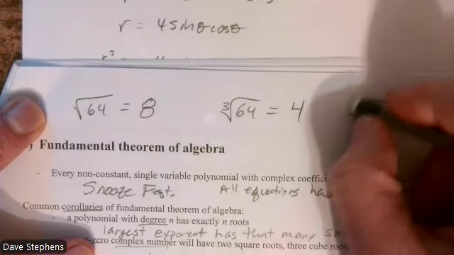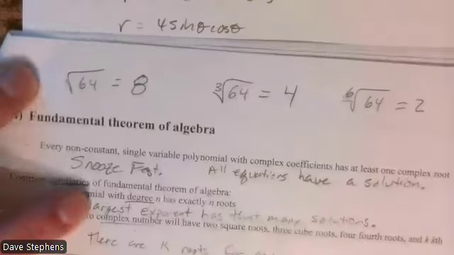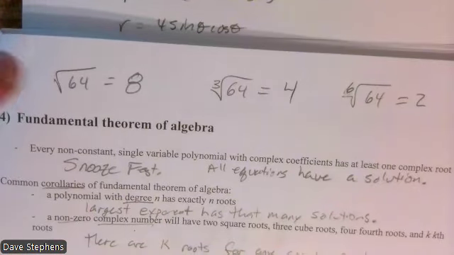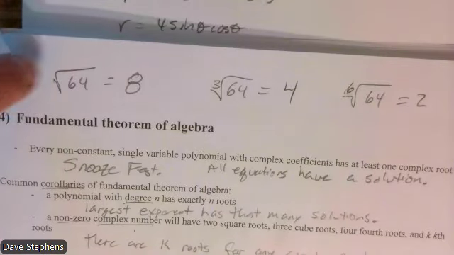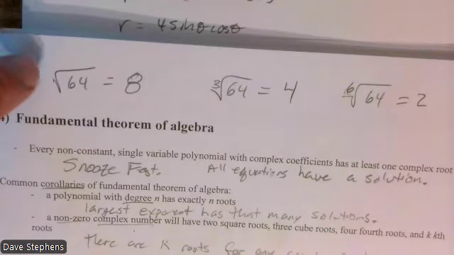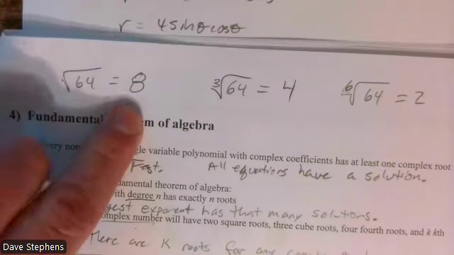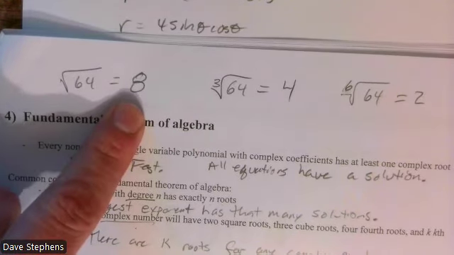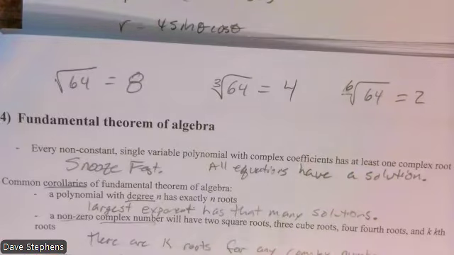Let's say the sixth root of 64 is 2. Right? So all it is saying is these are all of the roots. The square roots of 64 are 8. The cube roots of 64 are 4.